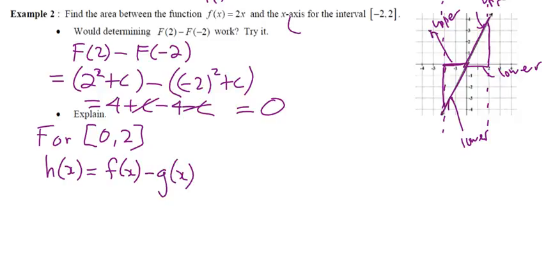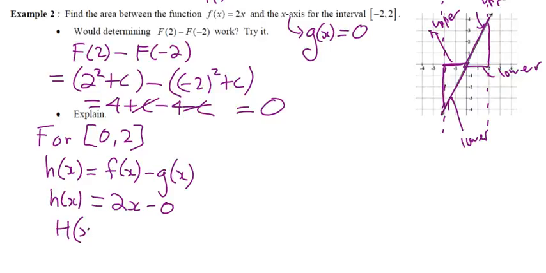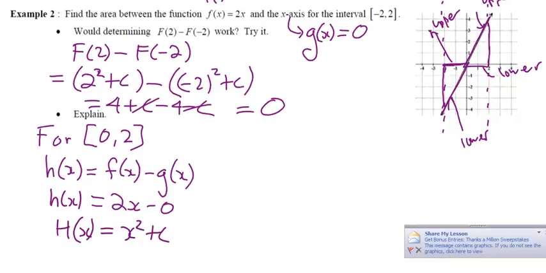Here, the x-axis has an equation, y equals 0, so we'll call it g of x. So here, this will be 2x minus 0, h of x. So then capital H of x is equal to x squared plus c.